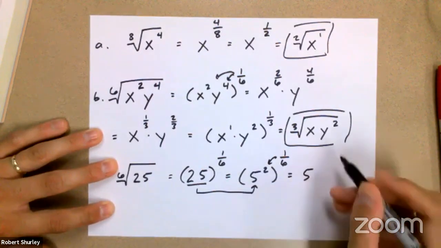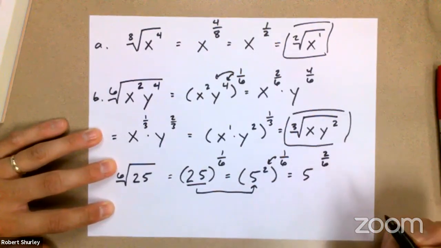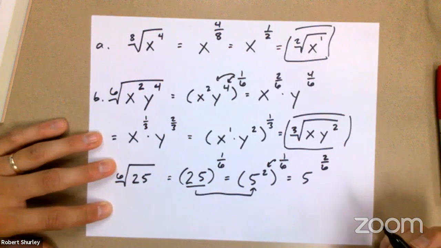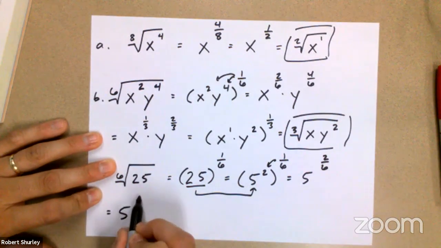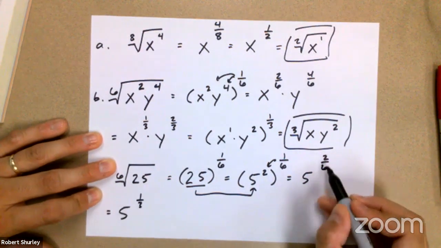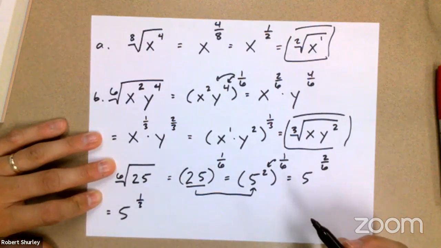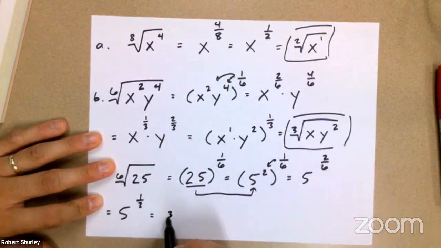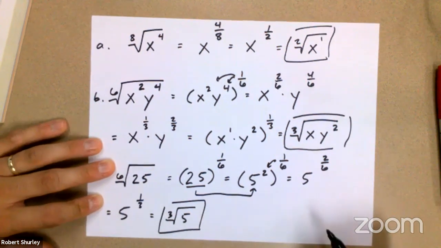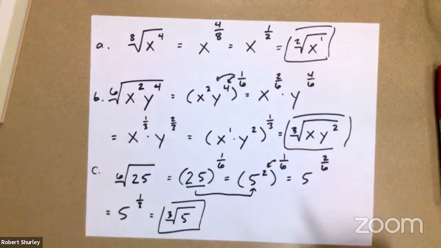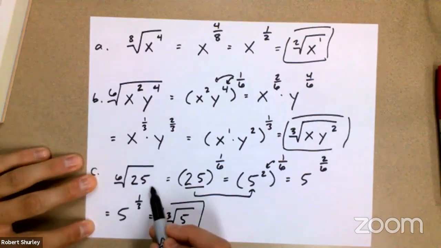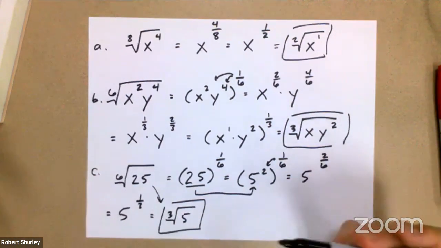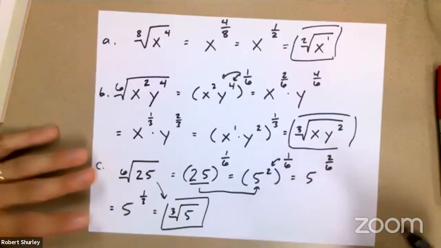You wind up with 5 to the 2/6, right? 2 times 1/6, which just equals 5 to the 1/3 when we simplify, right? 2/6. Divide 2 on top and bottom. And then that just becomes the cube root of 5. And I know what you're thinking. You're thinking, that doesn't look any simpler. And I totally agree with you. It's not really any simpler.